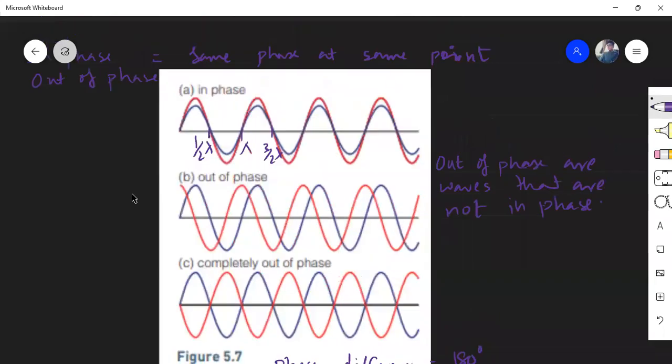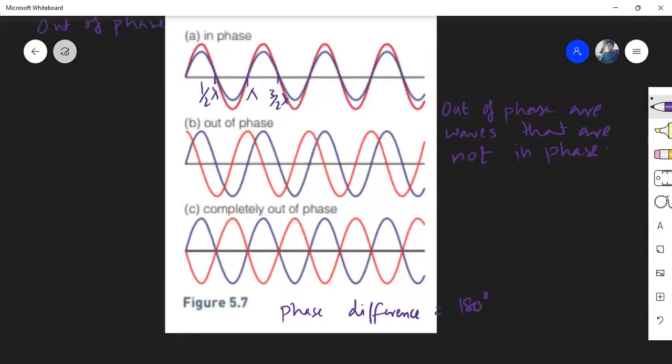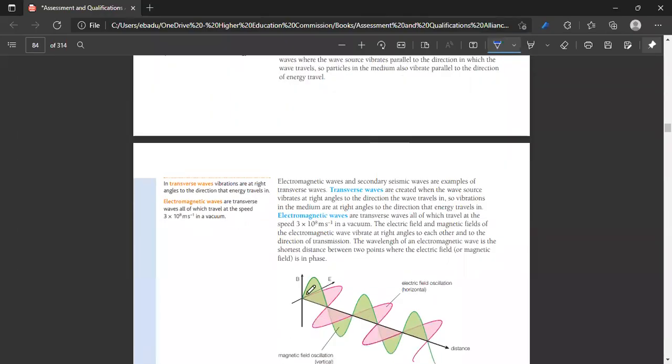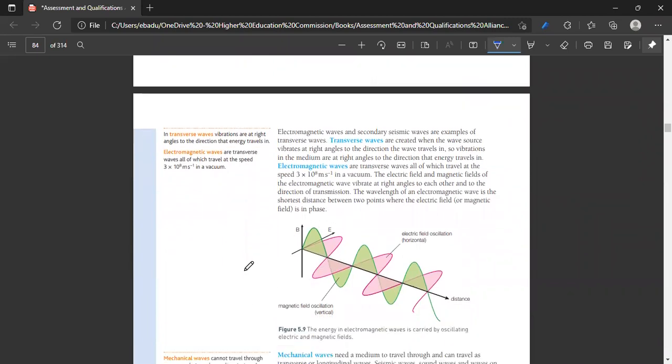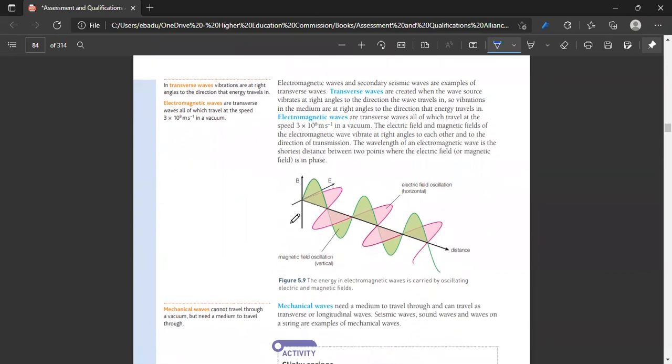An example of a transverse wave is an electromagnetic wave, where the electric field oscillates in the horizontal direction, and the magnetic field caused by that electric field is vertical. They are both completely perpendicular.